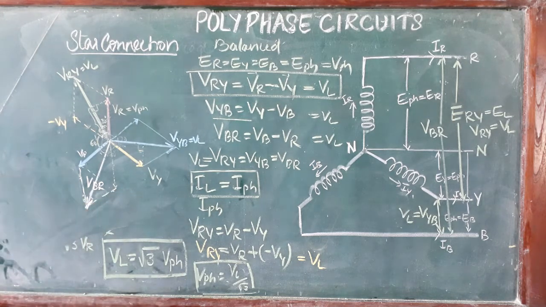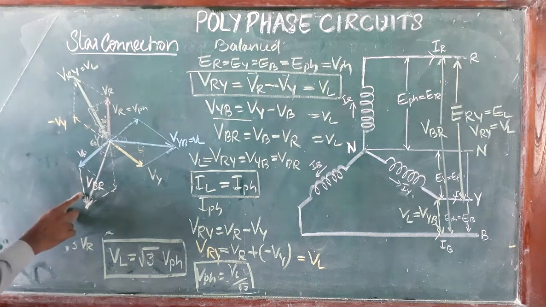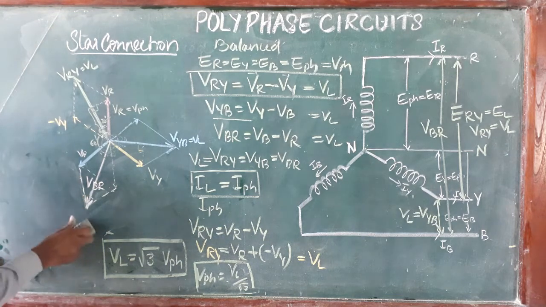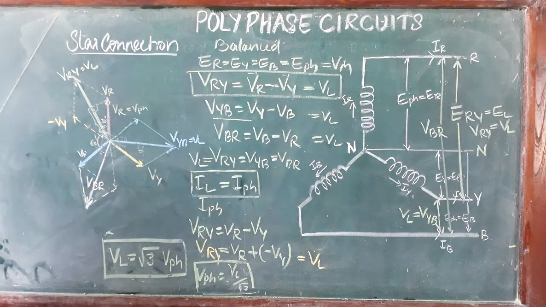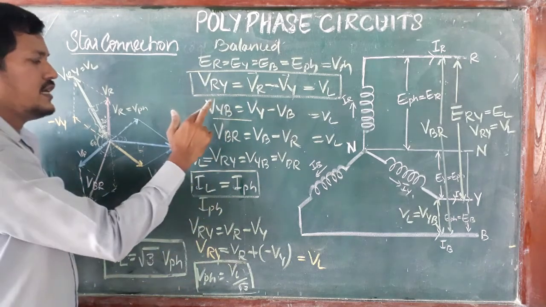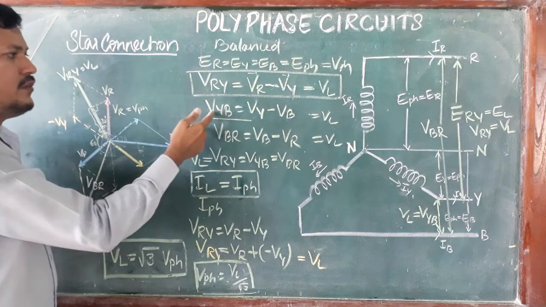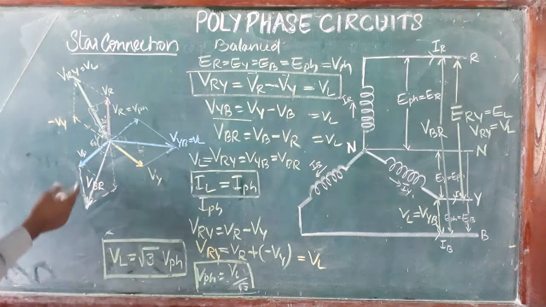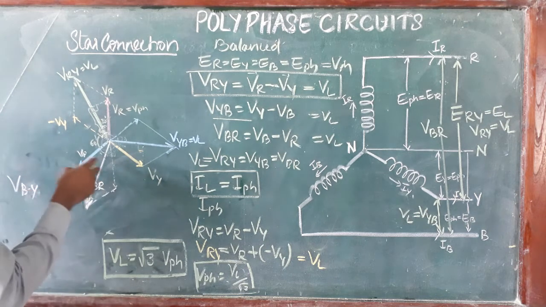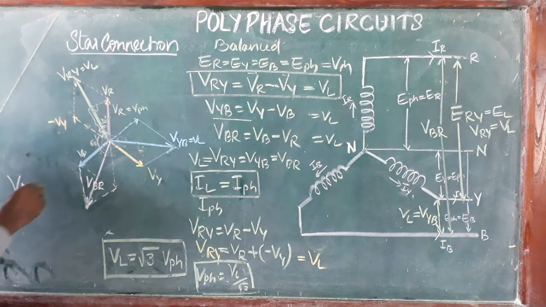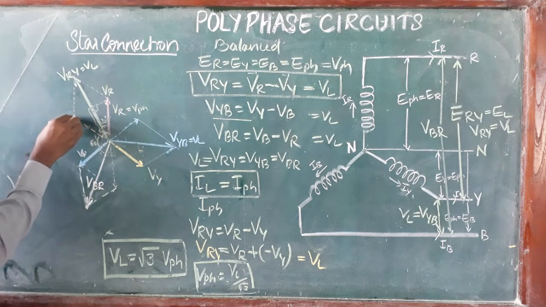So this is a way to find the line voltages in the vector diagram. Just find the voltage difference. Suppose on the opposite side also we can find B to Y. B to Y means B here and minus Y here, so we will get it here.